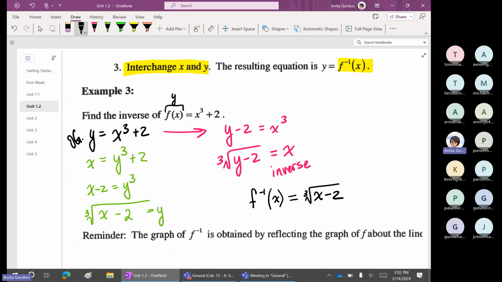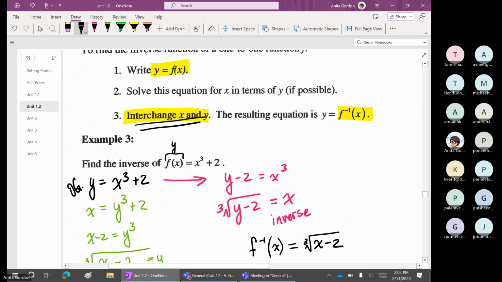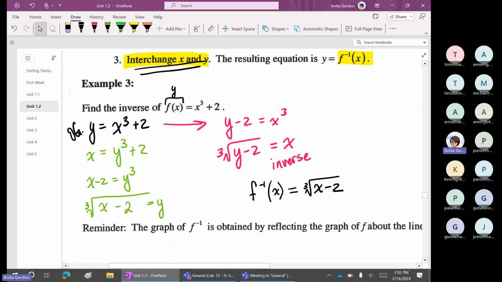What I'm doing is I'm skipping this step here. I'm just solving for x, inverting it, and then I'm going to write it as this. The inverse function is the cube root of x minus 2. I don't like when we put the y here because it really confuses the original and the inverse function.